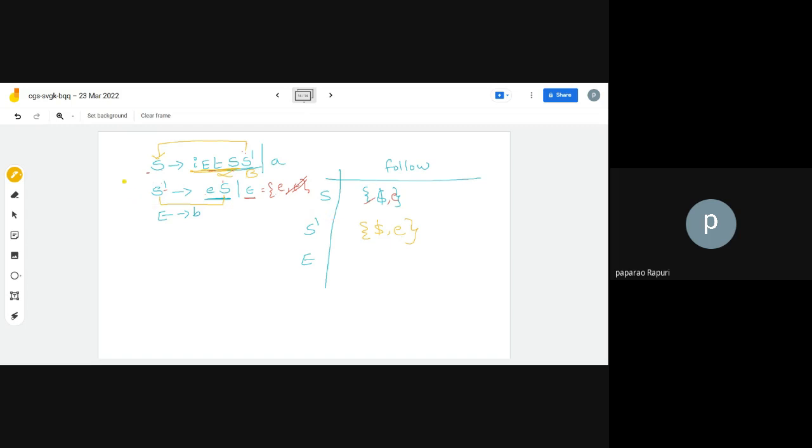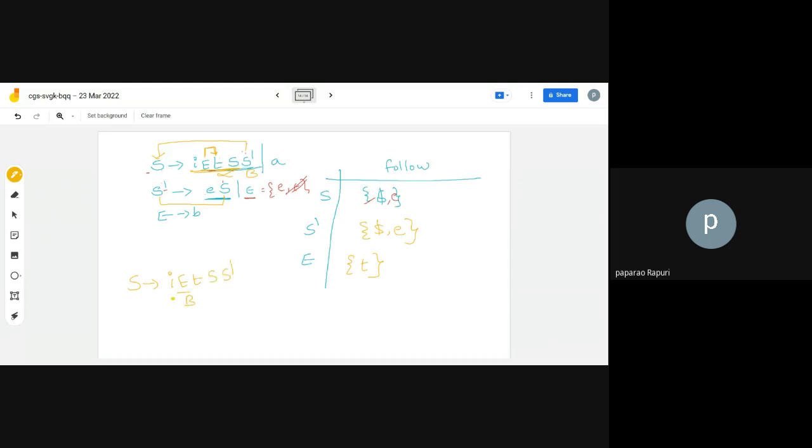Next, follow of E. There is a terminal, so follow of E is equal to first of that terminal, that is small t. Here only one production is there: S derives I E T S dash.